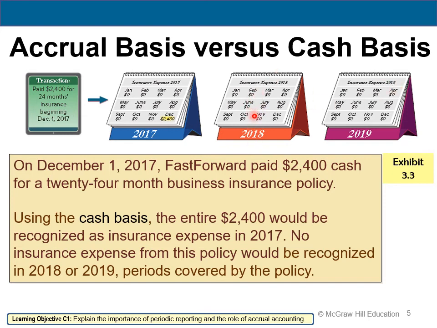It benefits 12 months in 2018 and 11 months in 2019. All right, which would be misleading, and that's why the cash basis is not GAAP. It can't be used for financial statement reporting purposes.